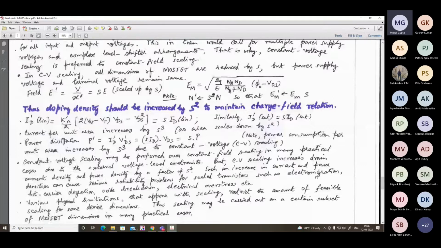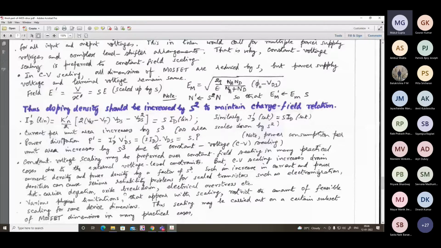And also hot carrier degradation. What is hot carrier degradation? You see, we are aggressively scaling down the dimension. If the TOX, that means the oxide thickness, is also scaled down, then for constant voltage, voltage remains the same, but X is coming down.